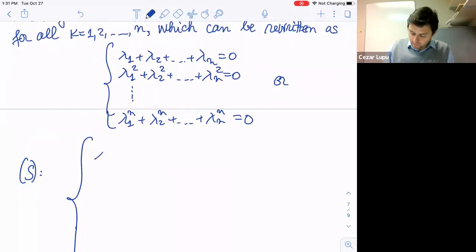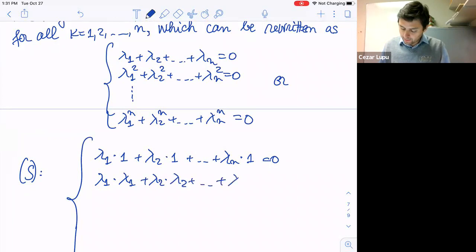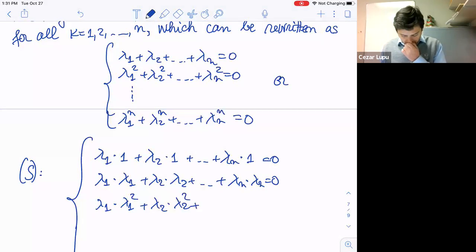So lambda 1 times 1 plus lambda 2 times 1 plus ... plus lambda n times 1 equals 0. Then lambda 1 times lambda 1 plus lambda 2 times lambda 2 plus ... plus lambda n times lambda n equals 0. Then lambda 1 times lambda 1 squared plus lambda 2 times lambda 2 squared plus ... plus lambda n times lambda n squared equals 0.